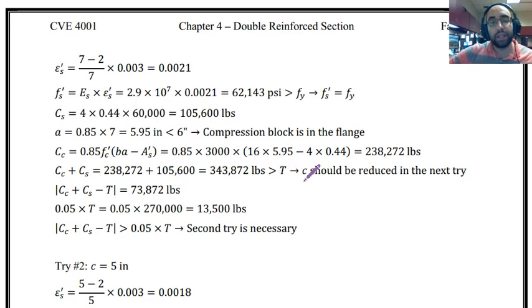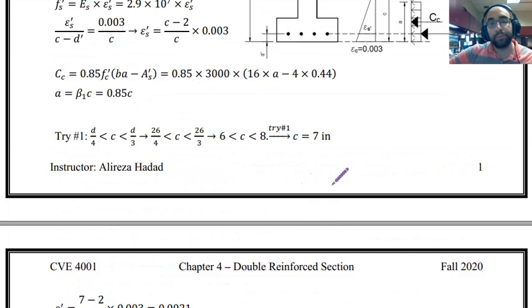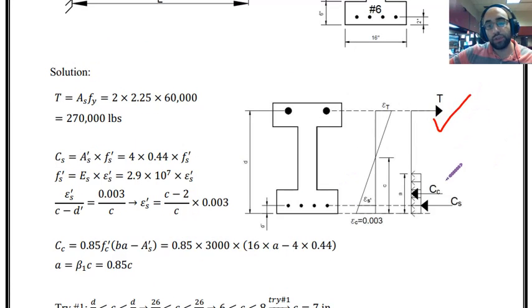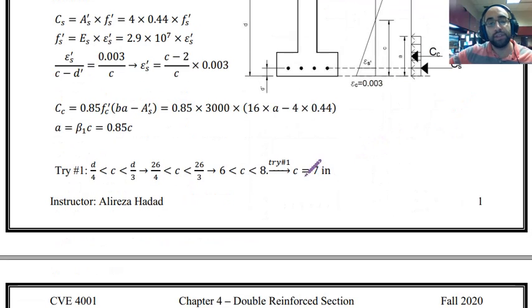So now that we know the tension force, compression in concrete, and compression force in steel, we can check if the section is in equilibrium or not. We know the section should be in equilibrium, and based on that we can check the accuracy of this initial guess.